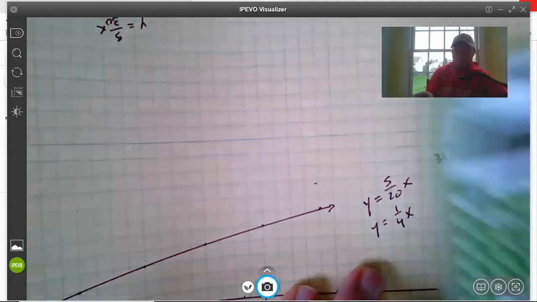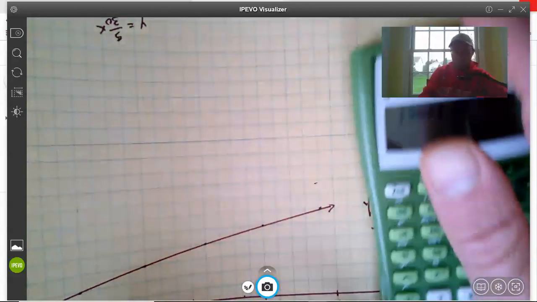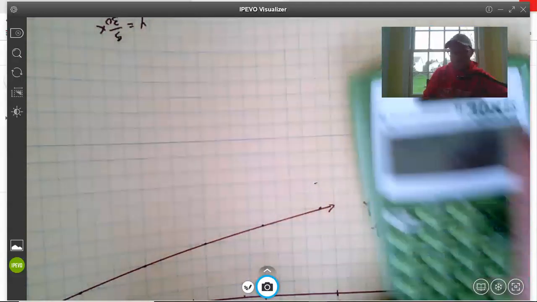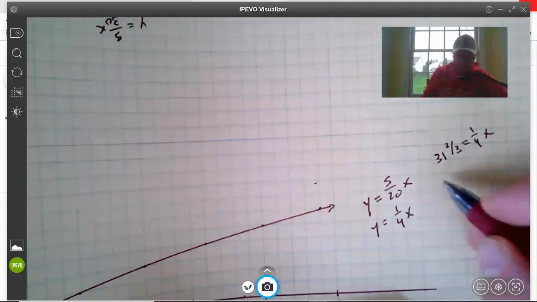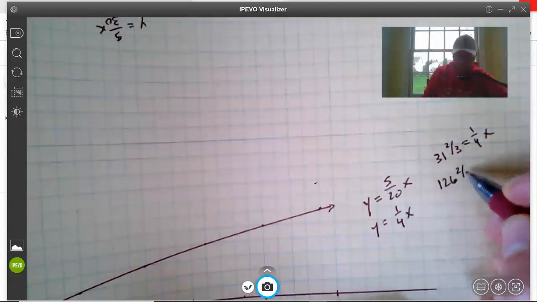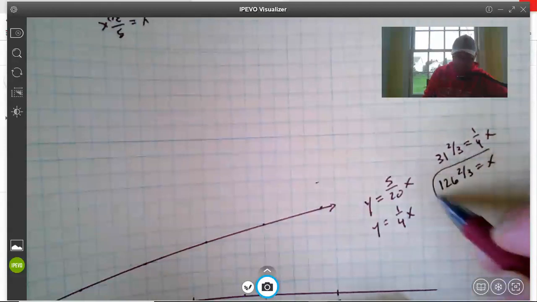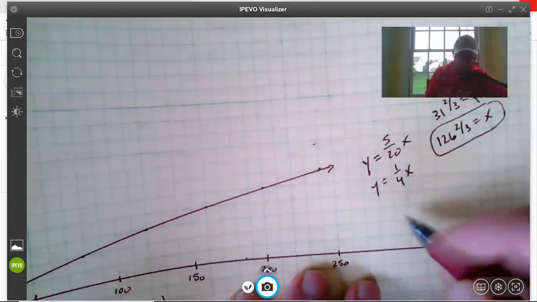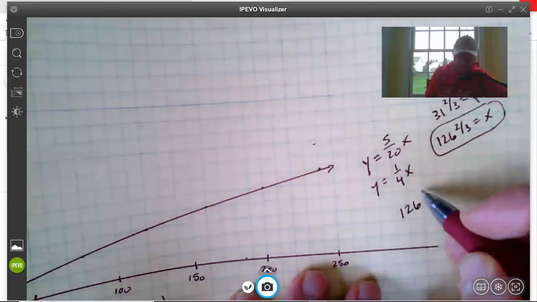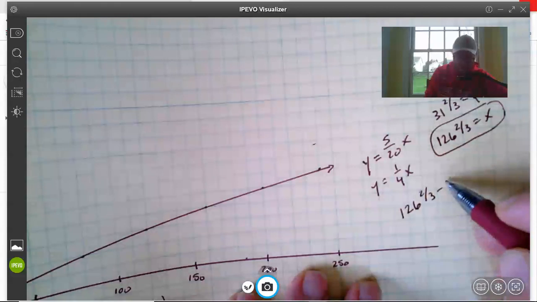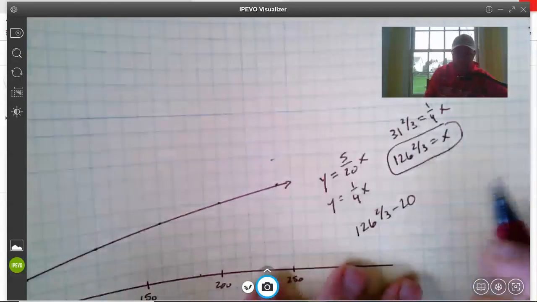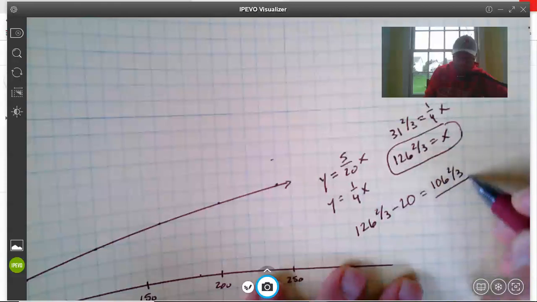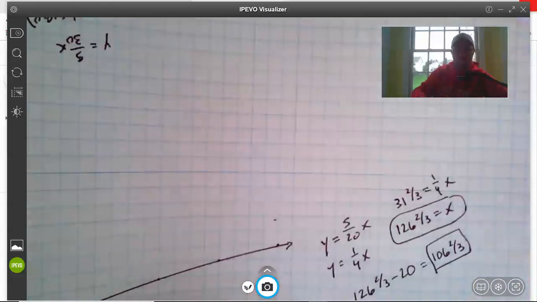So multiply both sides times 4. 126 and 2/3 equals x, but that's the position, not how far I should stand from it. So it would be 126 and 2/3 minus the 20 feet for the shadow equals 106 and 2/3. Okay.